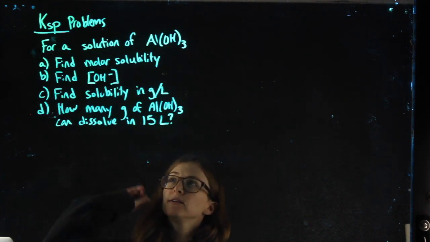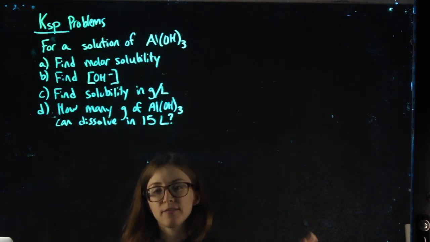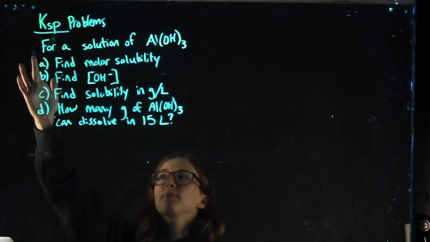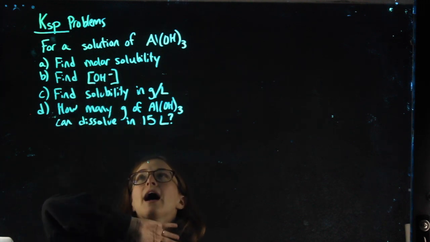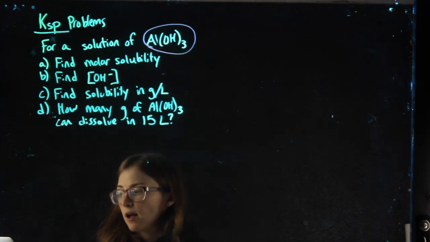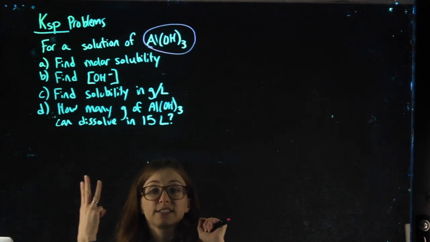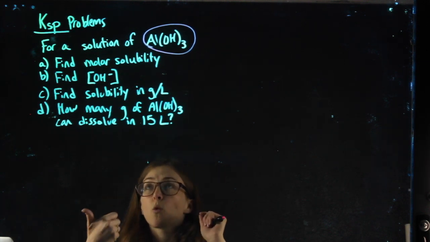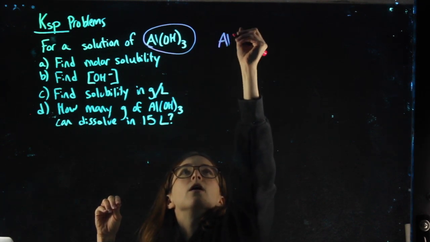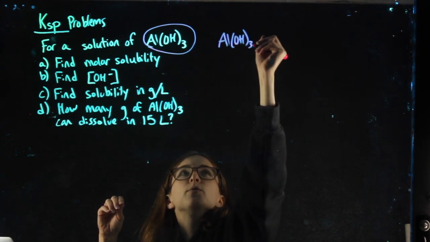Okay, so through one giant problem, I'm going to teach you everything you need for KSP without actually reading parts A, B, C, or D. As soon as I have the salt that we're working with, there are three things I can always do. One of them is write out its dissociation. So Al(OH)3, which is a solid.